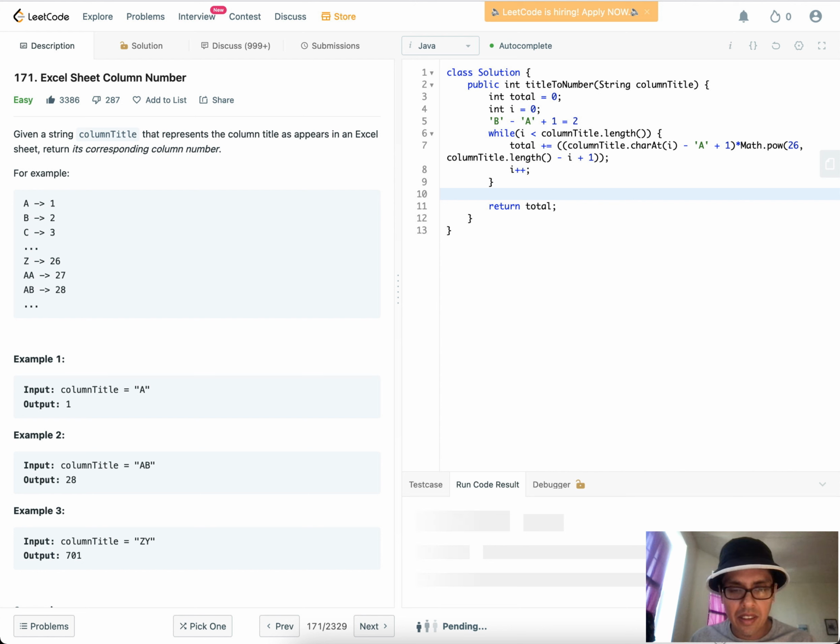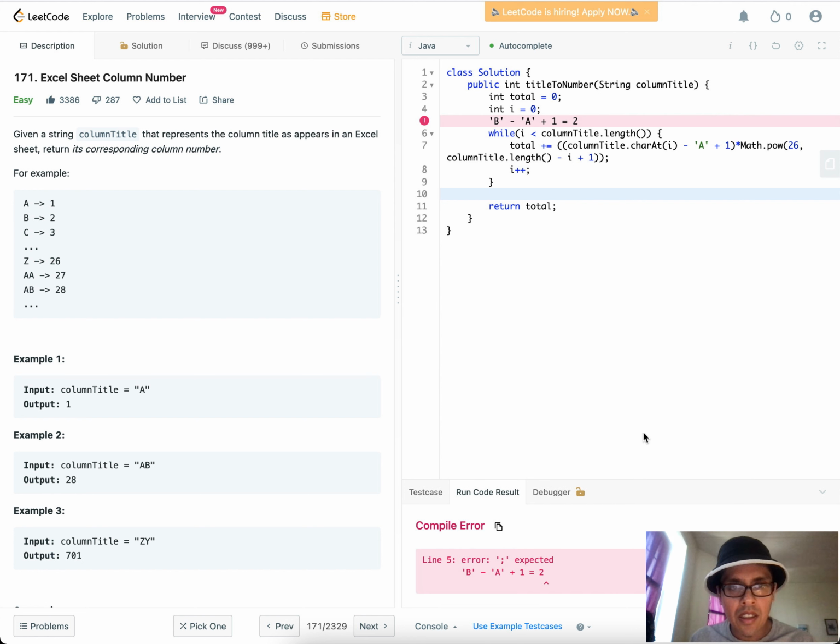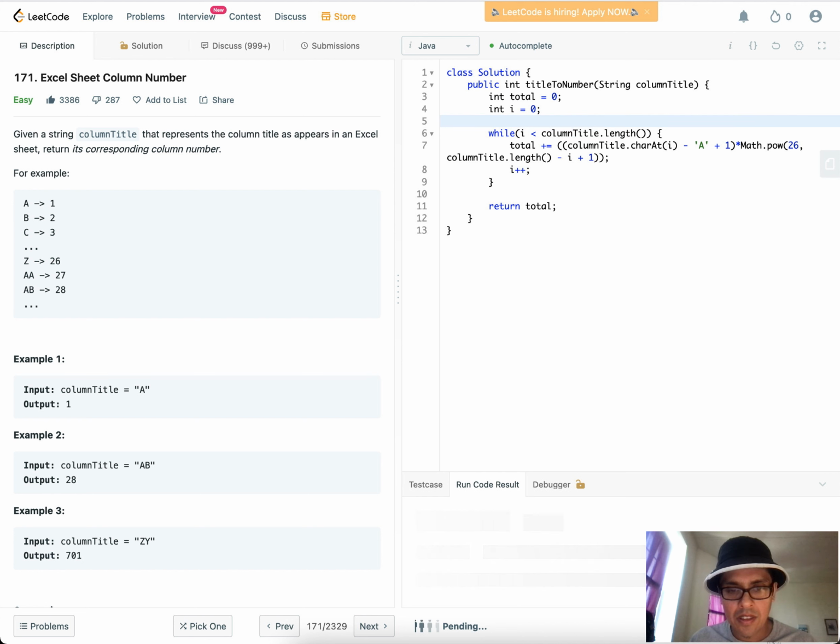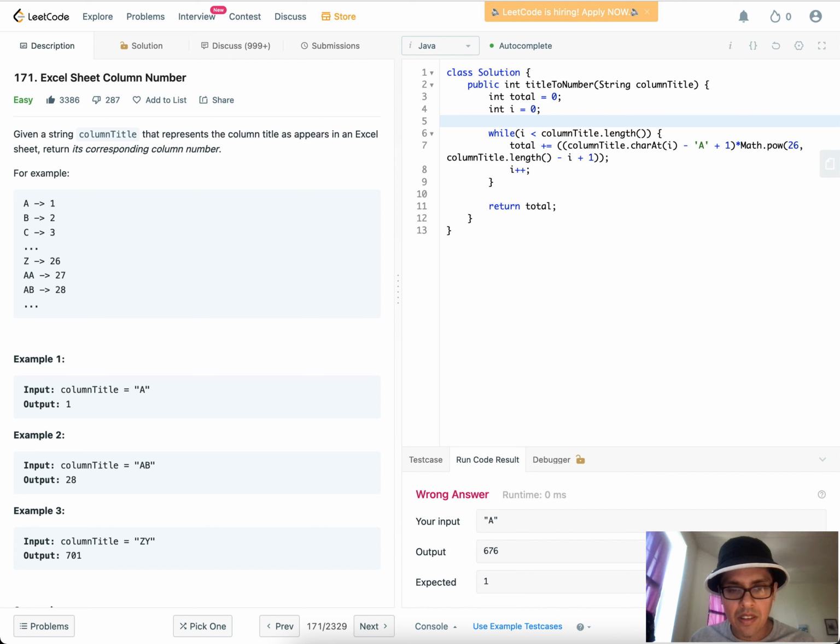So let's try running this. Oops, get rid of this example. And what did I do wrong here? I did something screwy. Let's see.